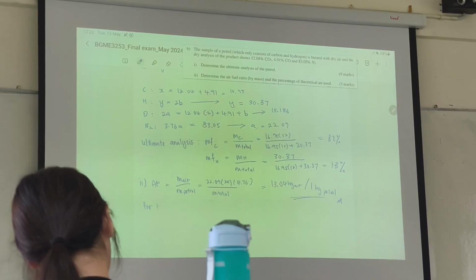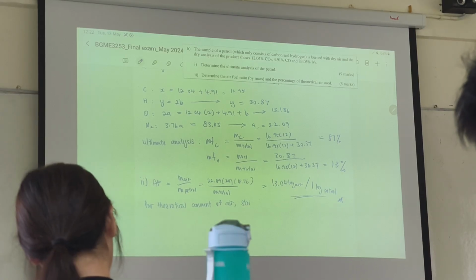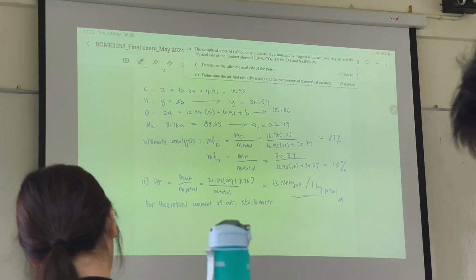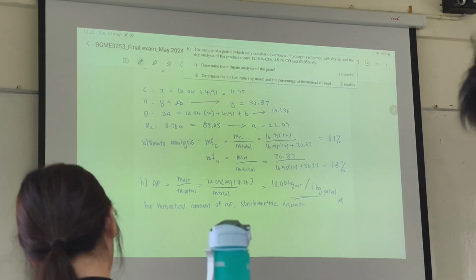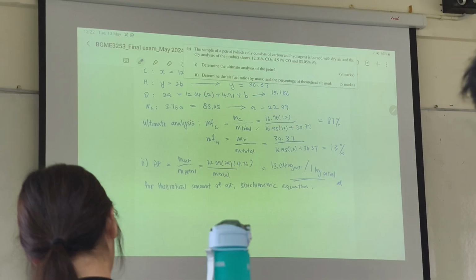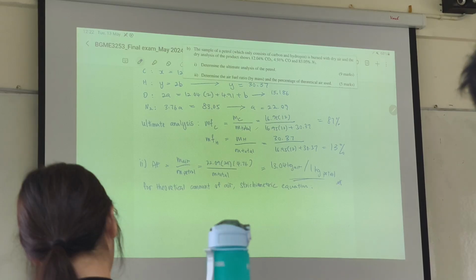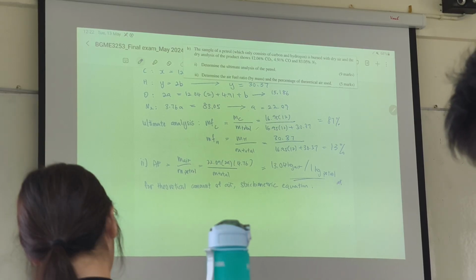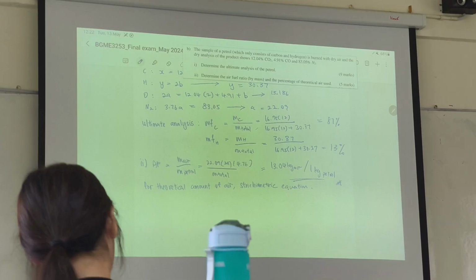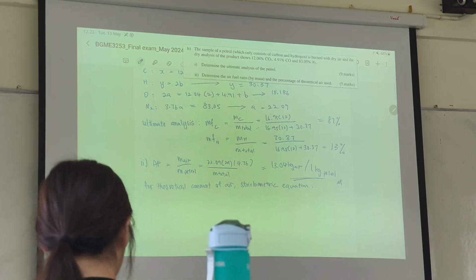So, for theoretical amount of air, so the stoichiometric equation is this. So now that you, how should I say this? Okay, you can directly use the 16.95 value and the 30.37.